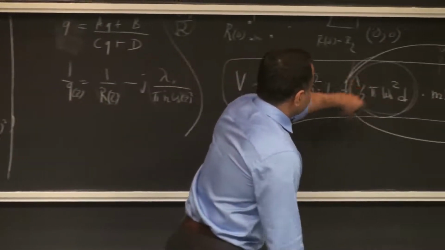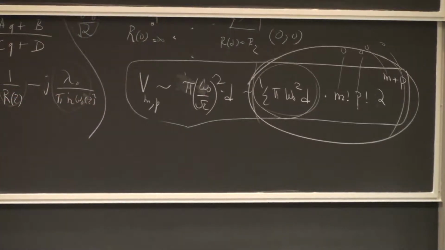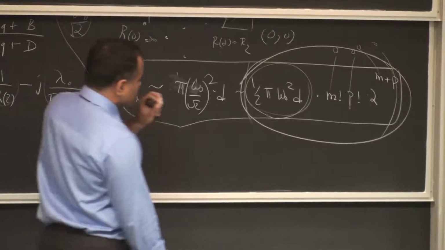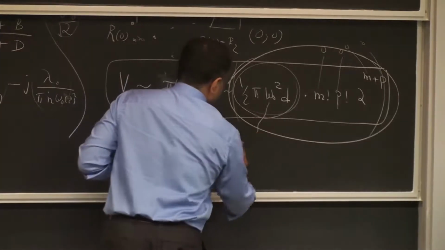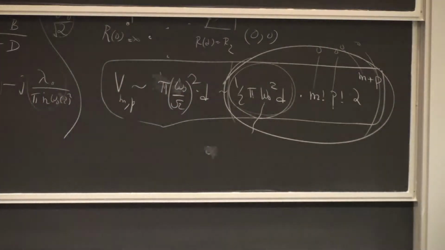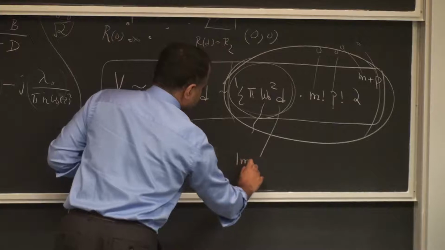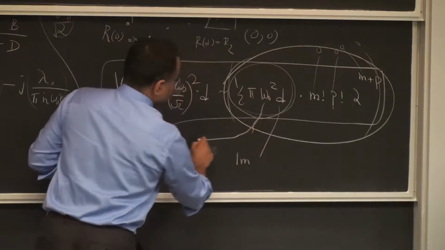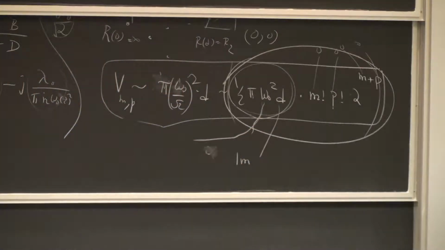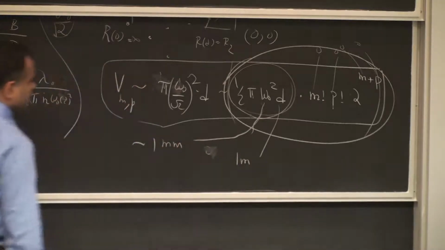Now, what I wanted to end by saying today is that the importance of this volume is striking if you just do some numbers here. Let's say your d is about 1 meter, and w naught is the beam radius, roughly 1 millimeter.